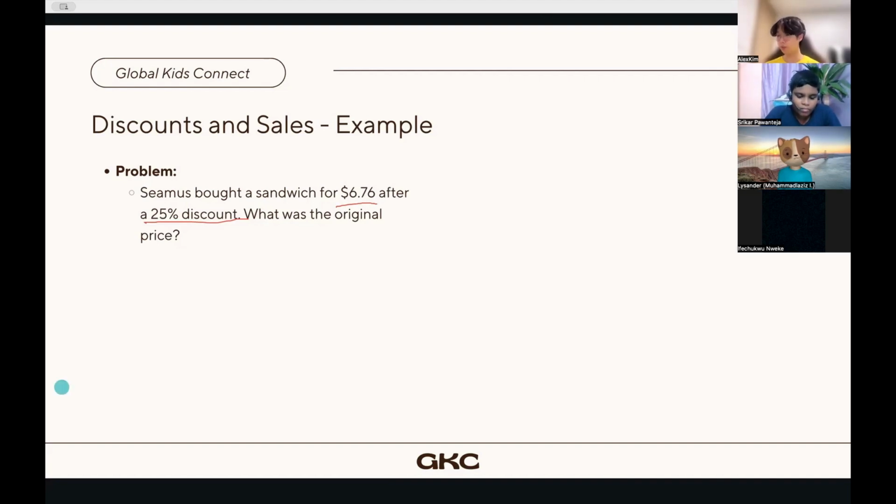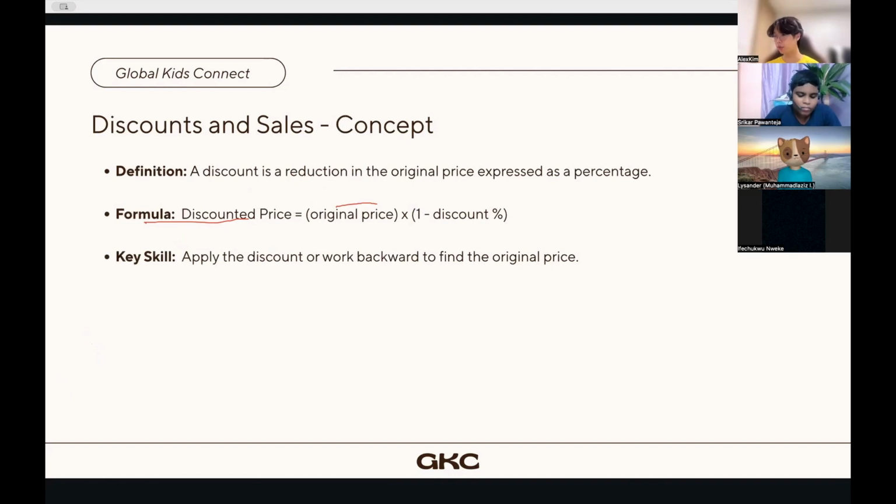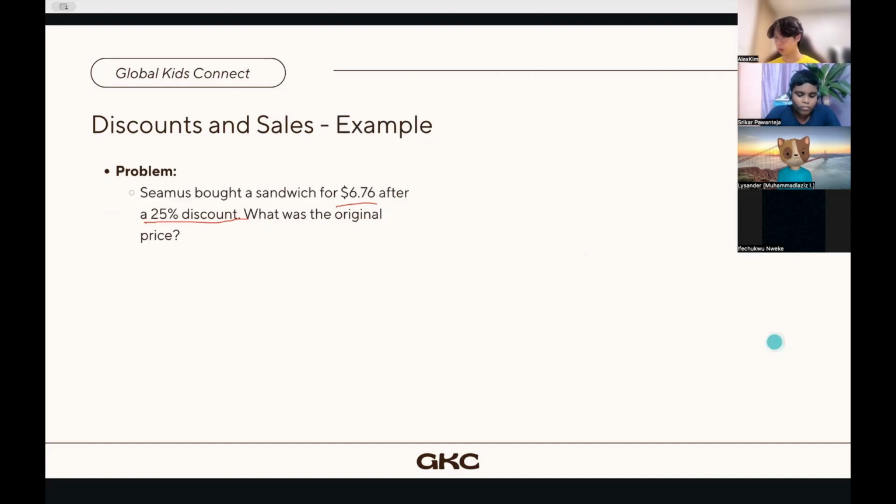If we take a quick look back at our formula, discounted price equals original times 1 minus discount percent.